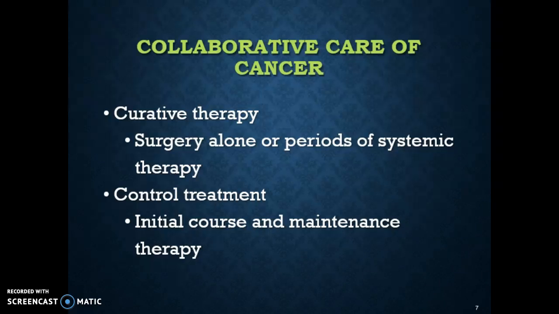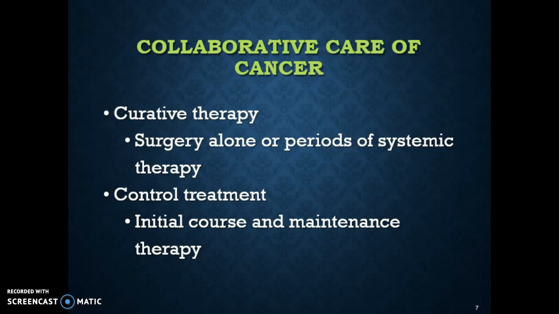Sometimes surgery is done to make a tumor smaller before chemotherapy is given, and sometimes if the tumor is in a location that is not very easy to get to surgically, other types of curative treatment might be done to try to shrink the tumor to a size that can then be operated on later. So you see different combinations of curative therapy.